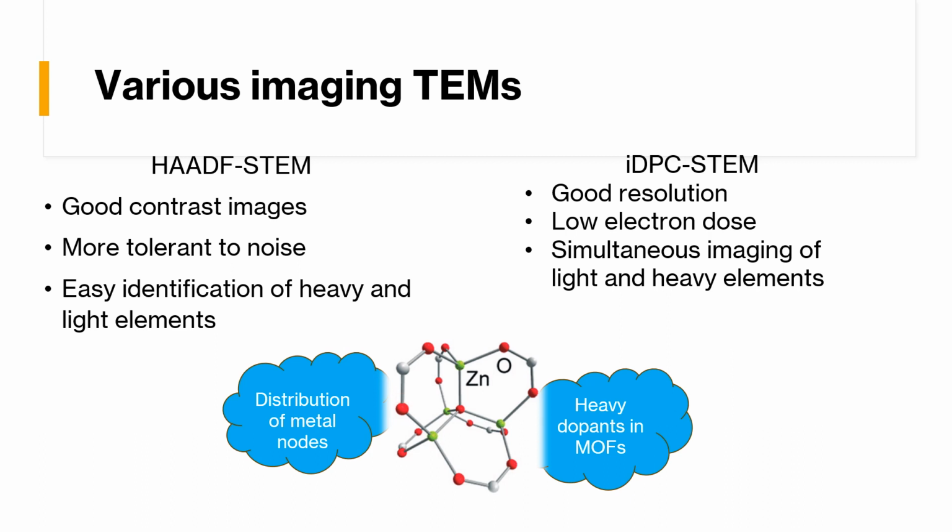Like in metal organic frameworks, as you know, there are metal nodes with metals like cerium, zirconium, and oxygen. These two elements have a high difference in atomic mass, so they are able to differentiate the two, right?